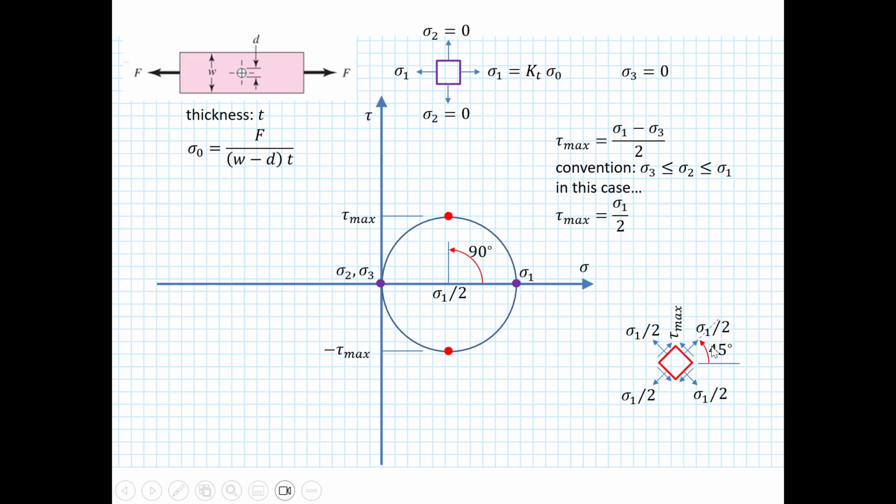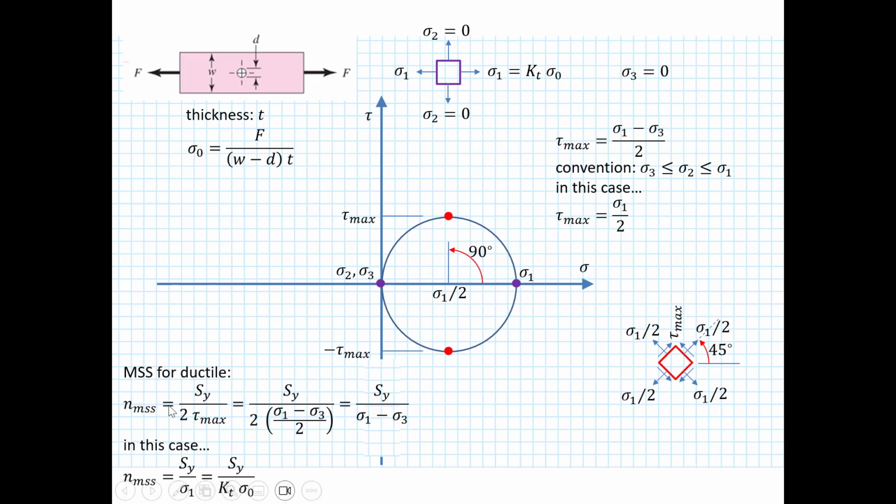So I really like that, and this gives you an idea of why it's called max shear stress theory for ductile materials. Failure is actually predicated on planes that slip at 45 degrees to the direction of pull, and it gives you an idea of why it fails by shear.